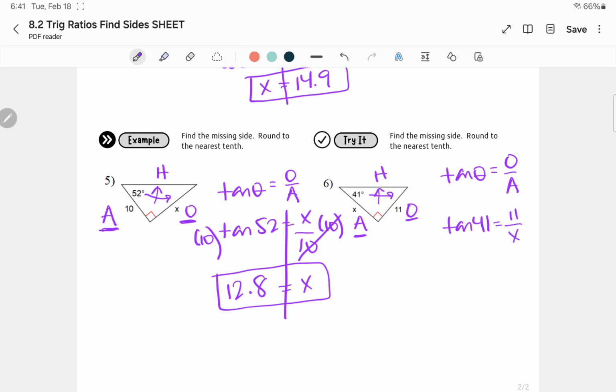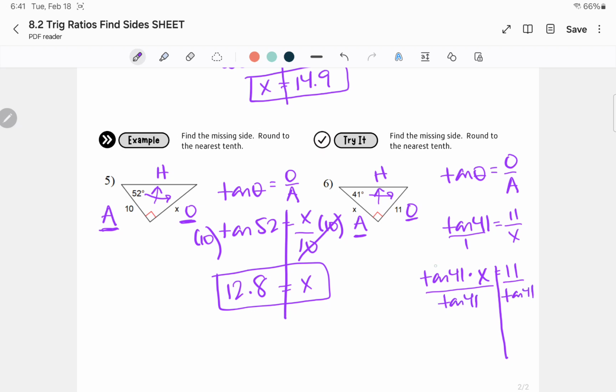A is X. So last time, X is at the bottom here. So if X is on the bottom, butterfly, that means tangent of 41 times X. Remember, our first wing is this first diagonal here. Our second wing is this second diagonal, which is 1 times 11, which is just 11. So I need X by itself. I'm going to divide by tangent of 41.